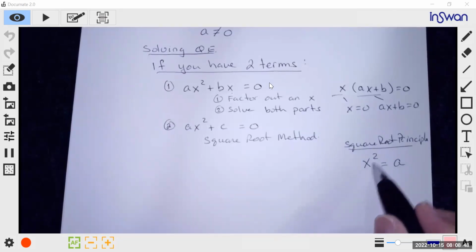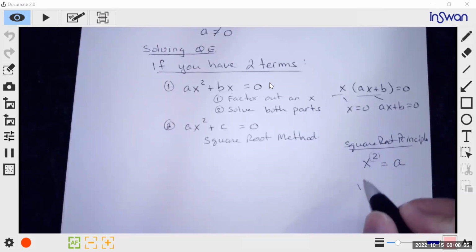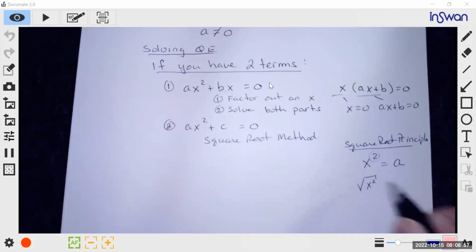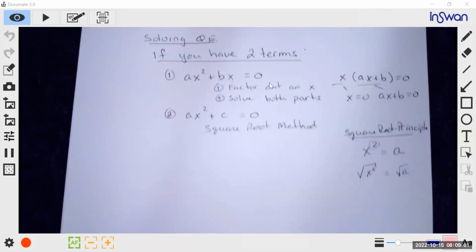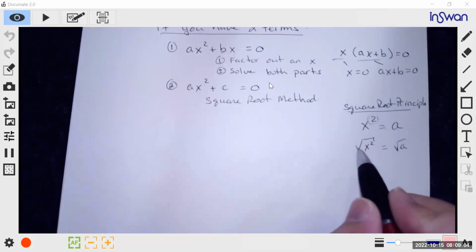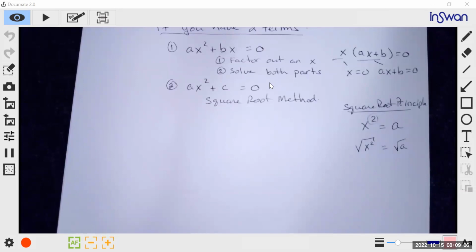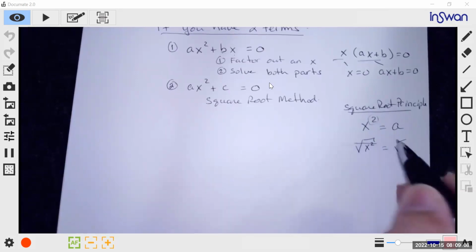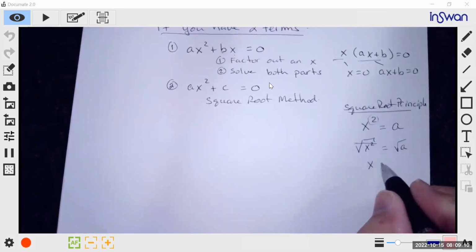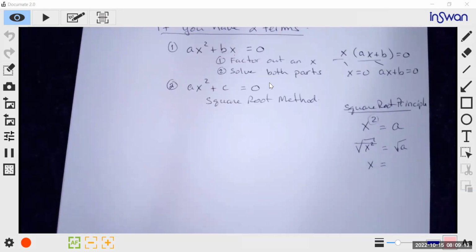If I have a term that's squared, x squared equals some number a, the way you get rid of the square is by square rooting both sides. Because the square root and the square are inverses. They cancel each other out. And what you're left with could be a positive or a negative of the square root of the answer.